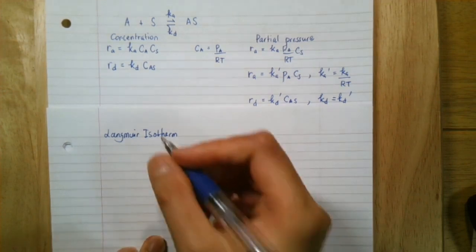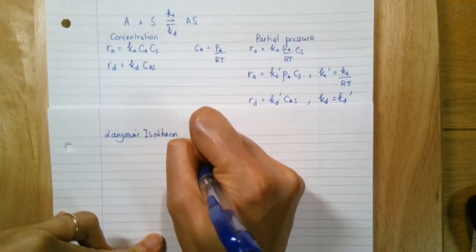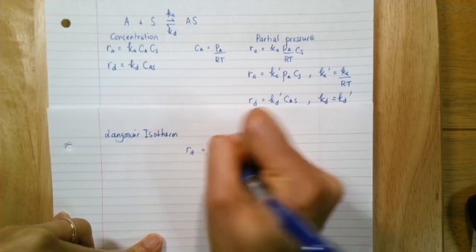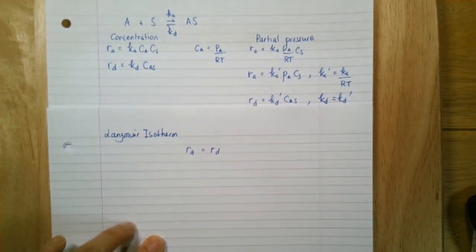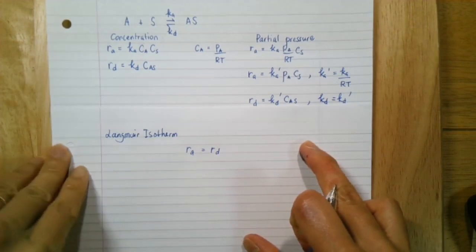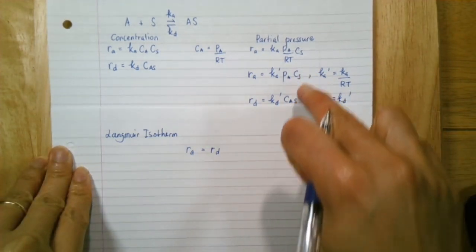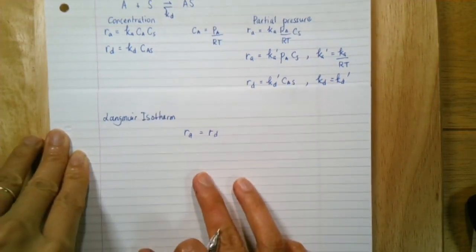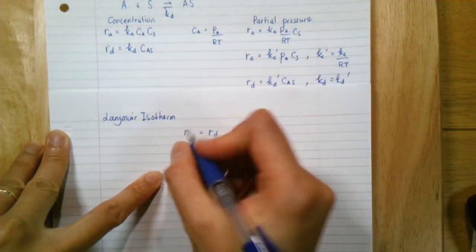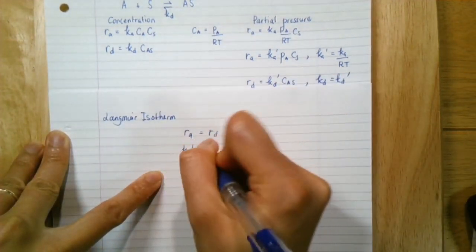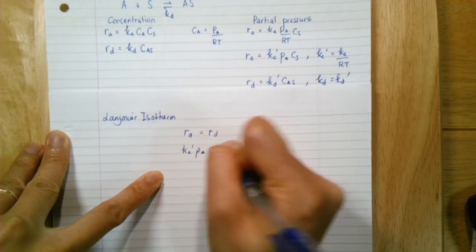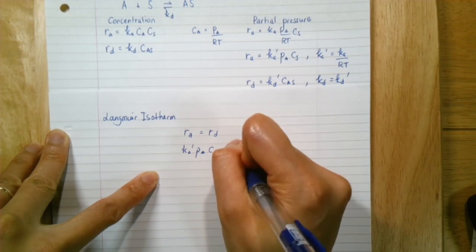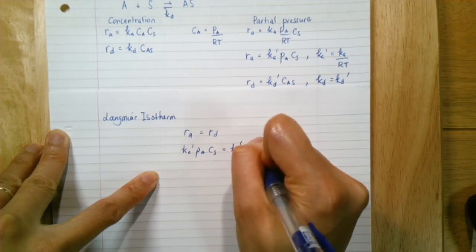So that means that the rate of adsorption, Ra, is equal to the rate of desorption, Rd. So we can use the expressions that we have derived earlier for RA and RD. RA is equal to Ka prime PA times CS, and RD is equal to Kd prime CAS.